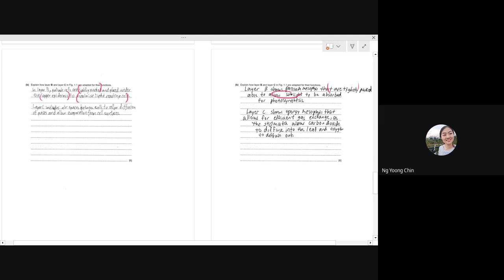Just remember the keywords only, and then use your own sentence to link the keywords together, to maximize the absorption of sunlight to increase the rate of photosynthesis.